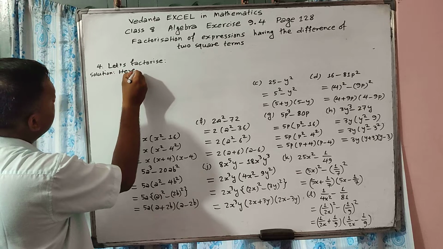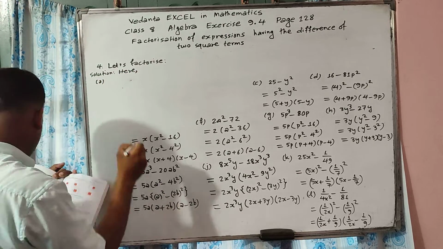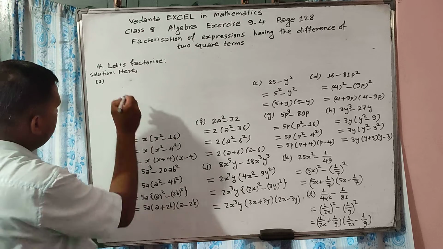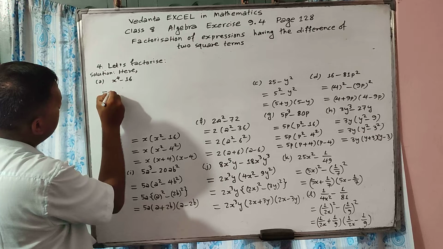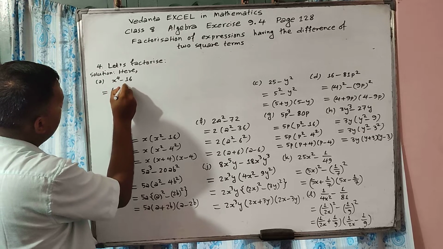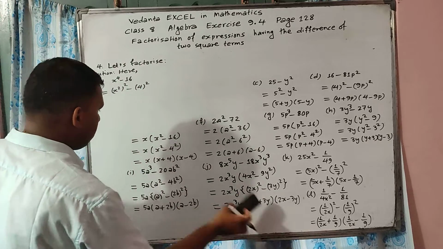Solution here for A. On A we have x to the power 4 minus 16. This is equal to (x square) whole square minus (4) whole square.